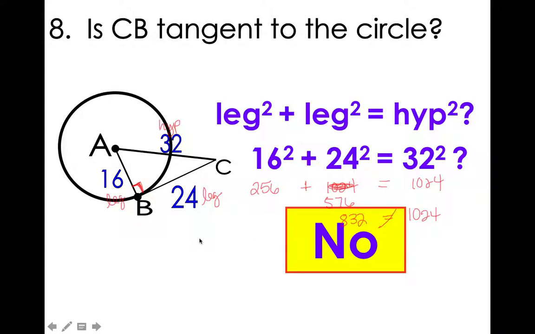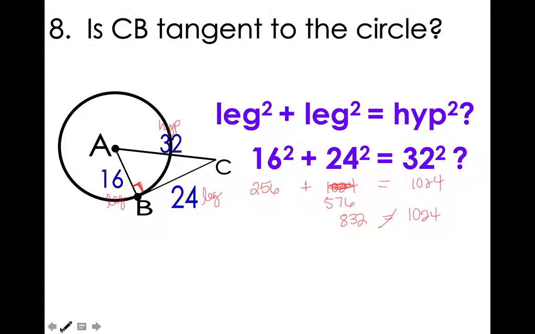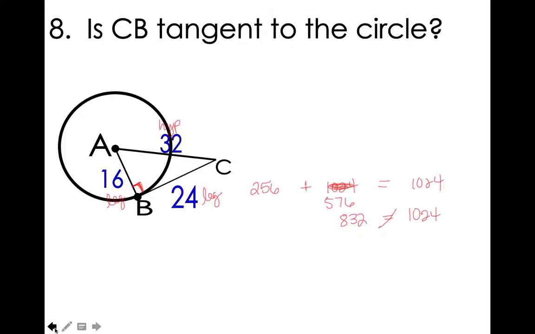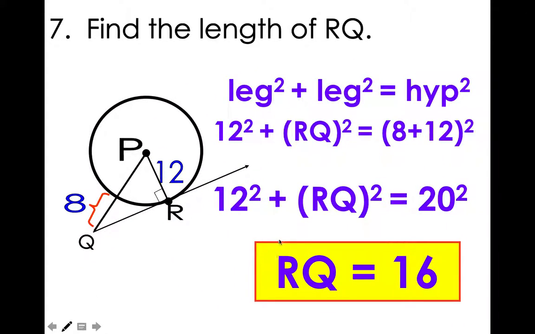Now, if the left side equals the right side, for example, if we go back to here and do the same process, we're saying 20 squared, because that's what my hypotenuse is, equals 12 squared plus 16 squared, because that's what we found our missing side to be. That's 400 on one side, and 144 and 256 on the other.